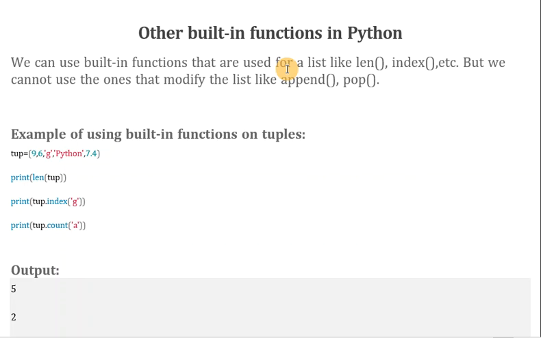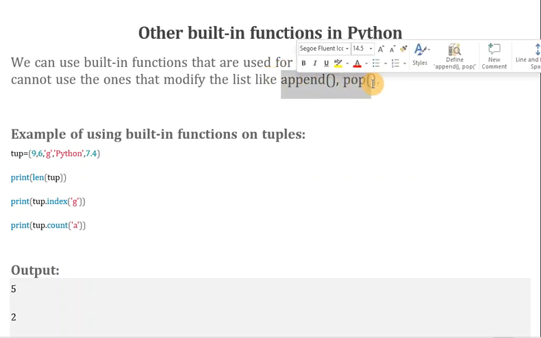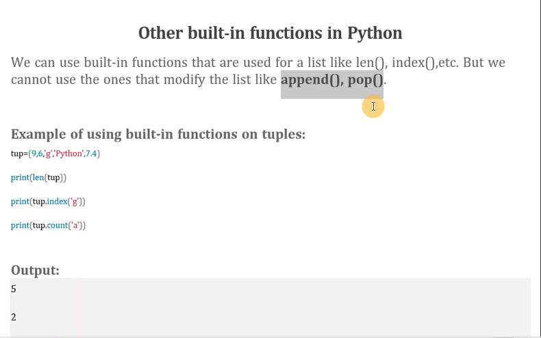The functions which are used to modify the list, like append, pop and remove, we are not allowed to use on a tuple, because using these functions would either add some value to the tuple or remove a value from it, and by doing so we are changing the structure of the tuple. That is not supposed to be done, because a tuple is immutable.